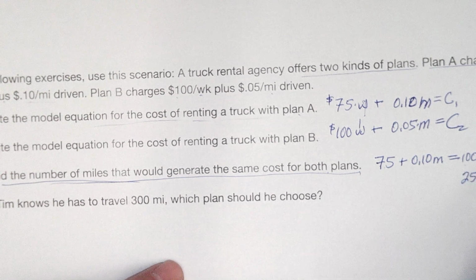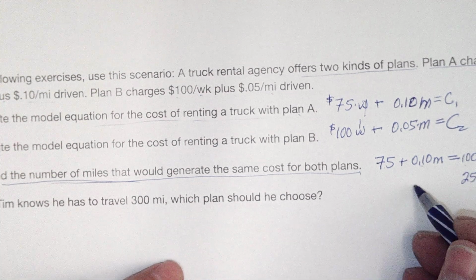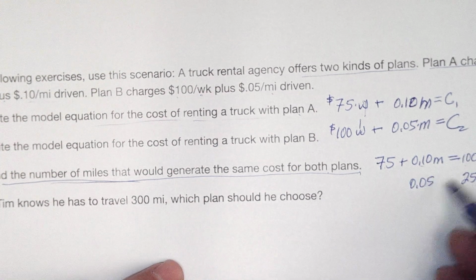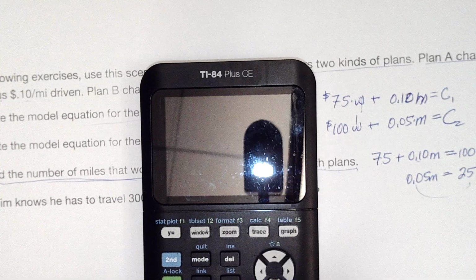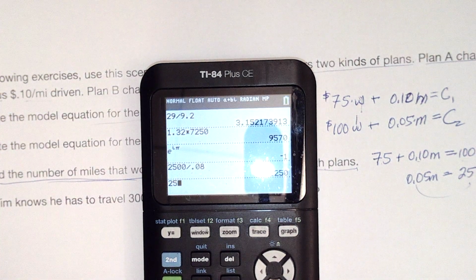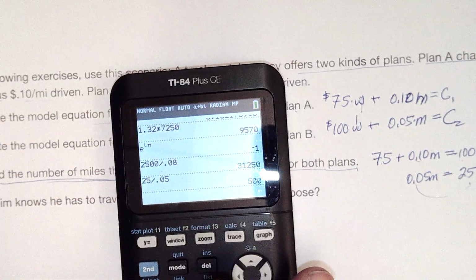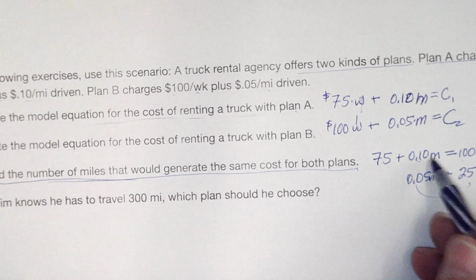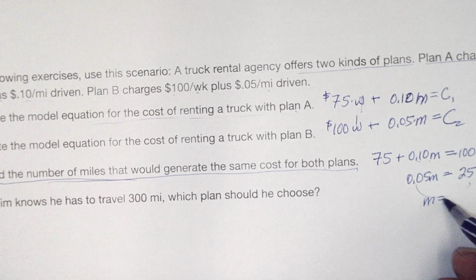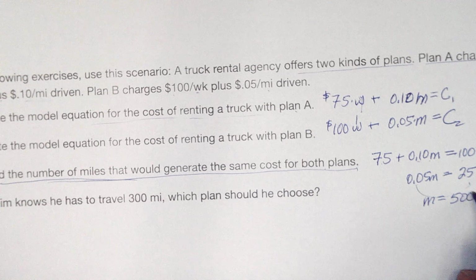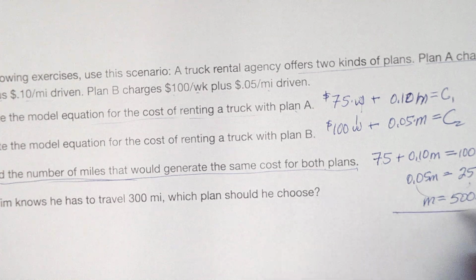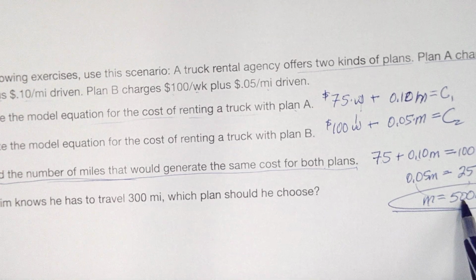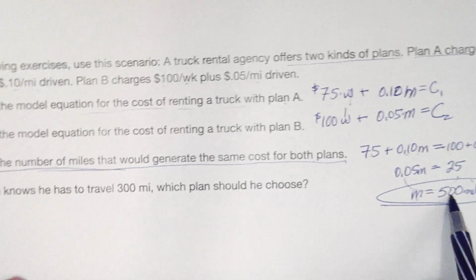And I can subtract 0.05 per mile from both sides, so that makes it 0.05 per mile. So then divide that into 25, 0.05. And that's 500 miles in a week. Both plans would cost the same if they were for 500 miles.